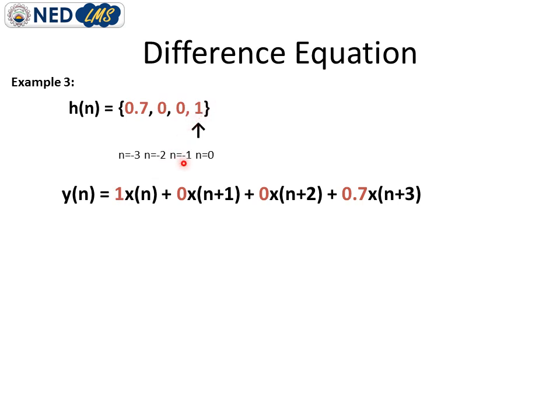For the index n is equal to minus 1, we represent it as n plus 1, and the coefficient attached is 0. For n plus 2, the coefficient is 2, and for n plus 3, the coefficient is 0.7.